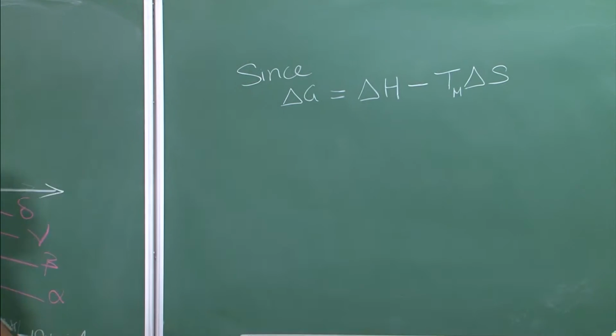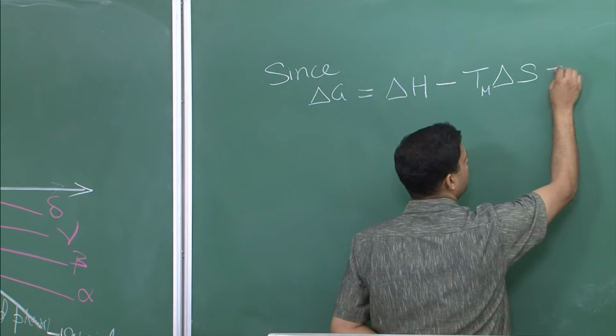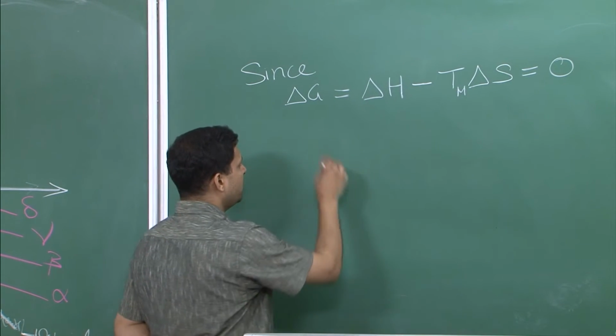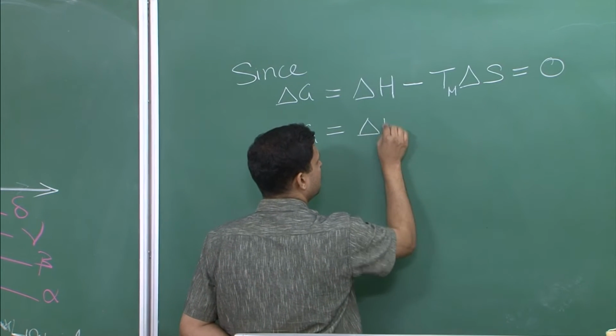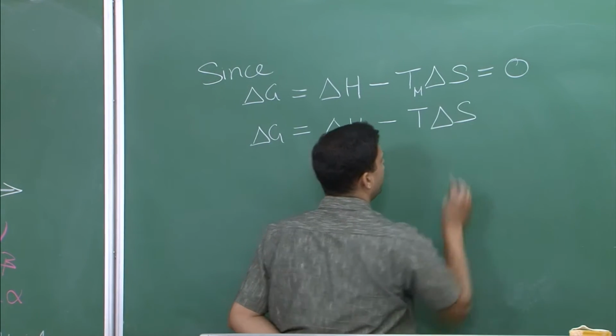There is just one relation that we may look into. At the temperature of transformation, we can say this is 0. At any other temperature this will not be 0, and we can write like this.